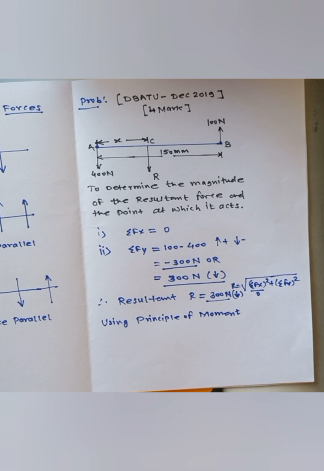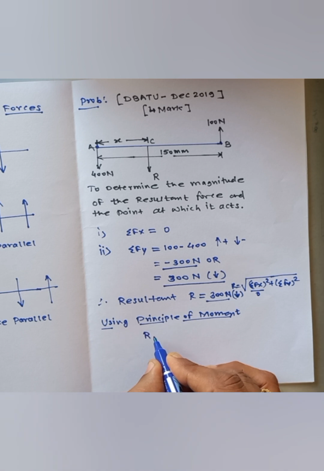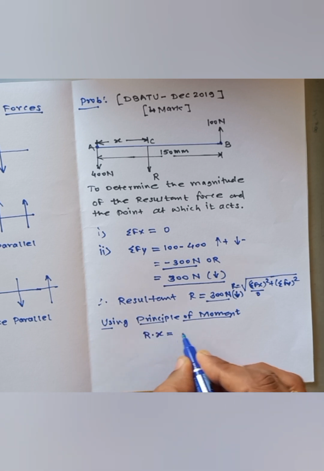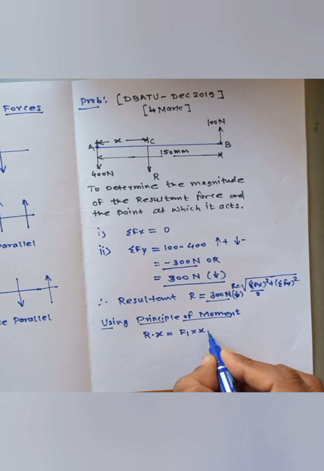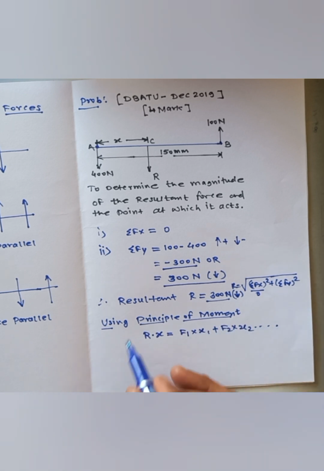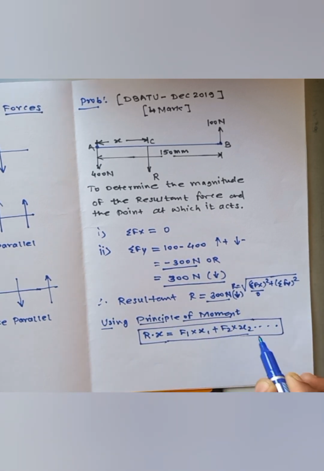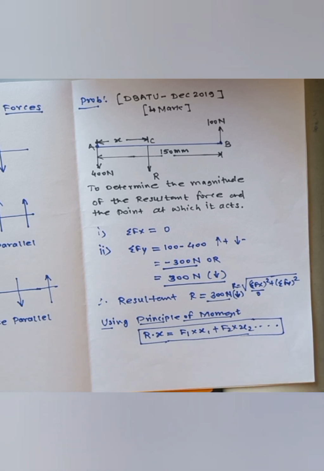Moment of resultant force is equal to the summation of moments of all the forces about the same point. So you remember that principle, right? Mathematically you can write it like this: R into x is equal to F1 into x1 plus F2 into x2 and so on. So this is the theorem. I hope you remember this theorem. Revise it and try to understand it so that it will help you to solve this particular problem.